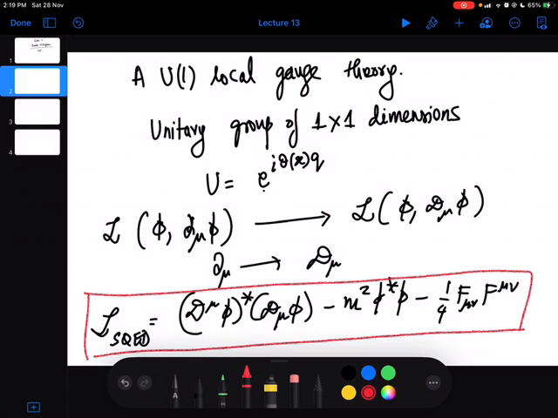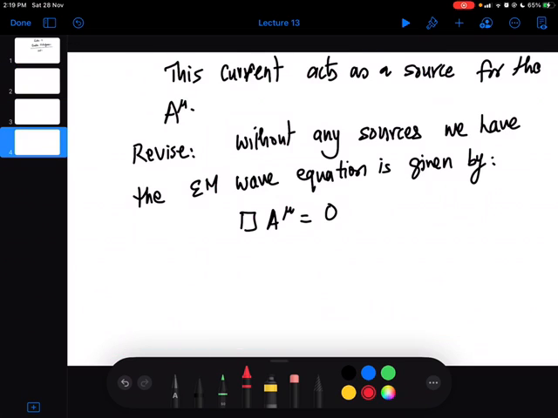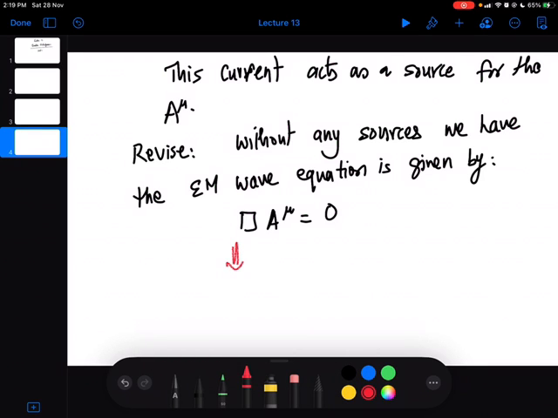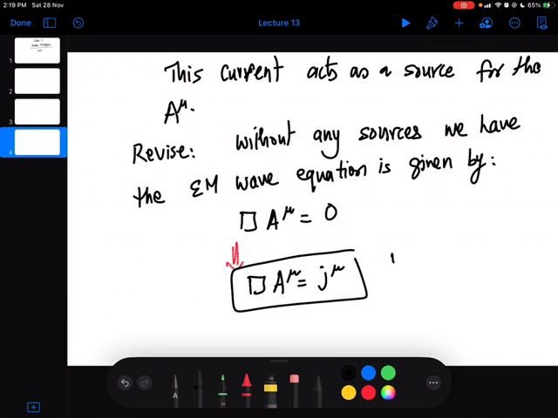So this equation becomes box A mu is equal to J mu, where J mu is this coupling, the current of the matter fields, essentially.